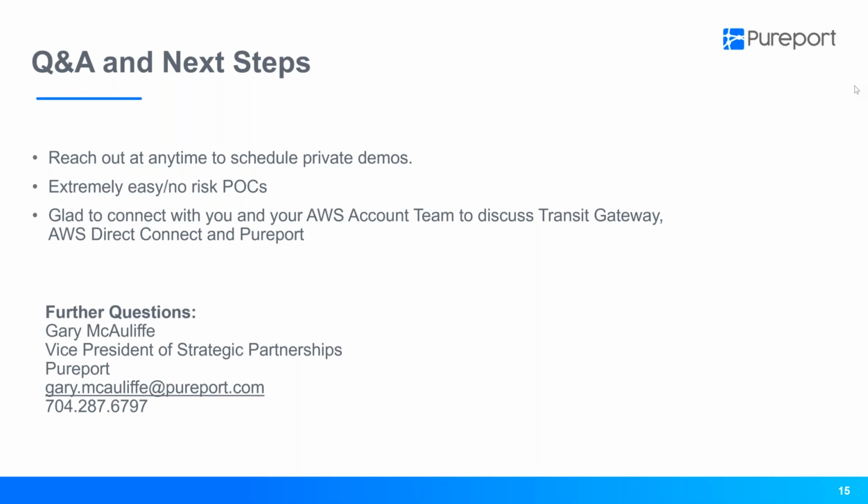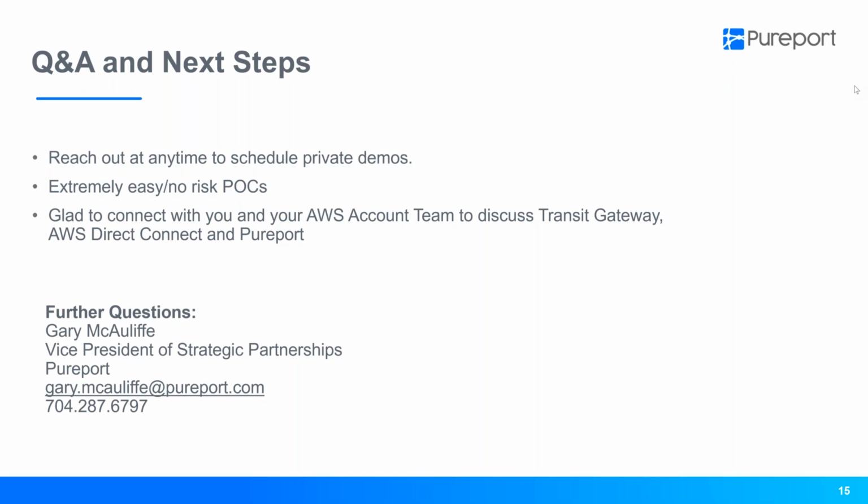Okay, great. Our next question is, can I use my current AWS Direct Connect? It's actually a really good question. If your current AWS Direct Connect is already attached to a Direct Connect gateway or directly connected to an existing VPC, you potentially could reuse that circuit, but you would have to tear down that connection.